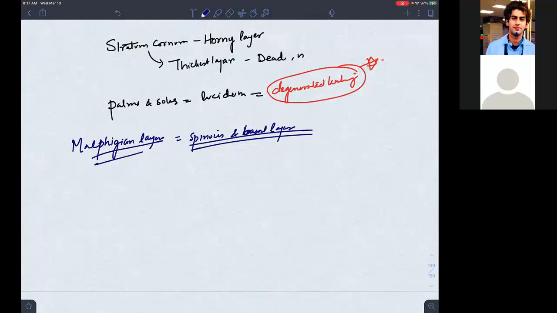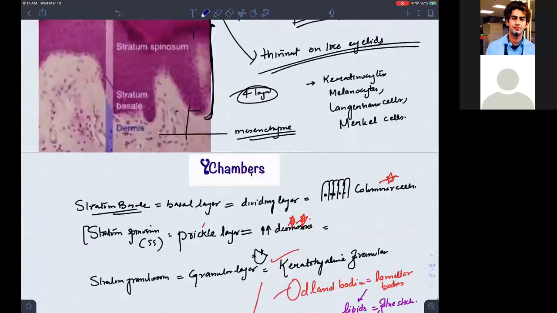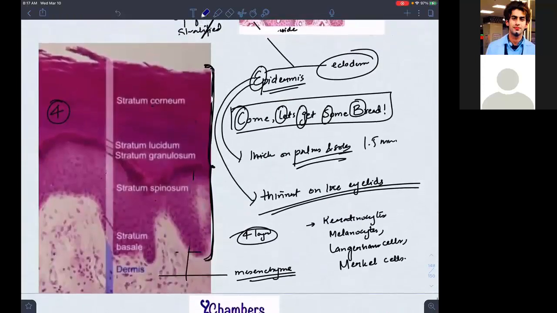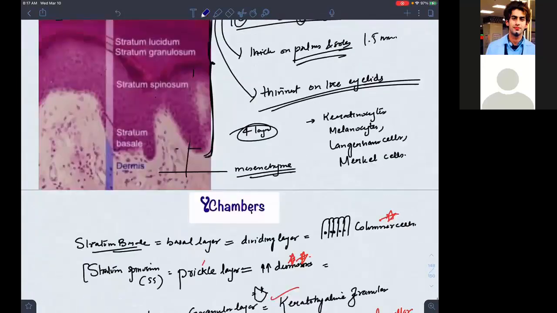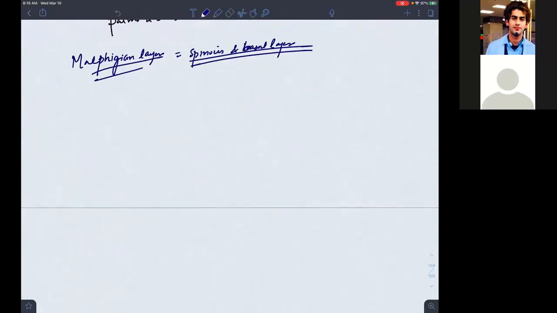Okay. So should we talk something about these cells? Let us talk about the cells one by one, a little bit of points. So let us talk about keratinocytes. Why are they called keratinocytes?